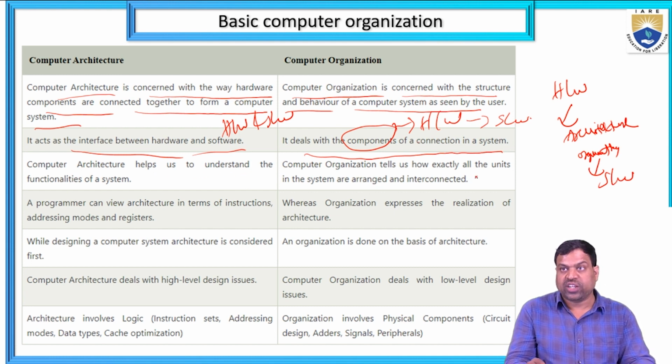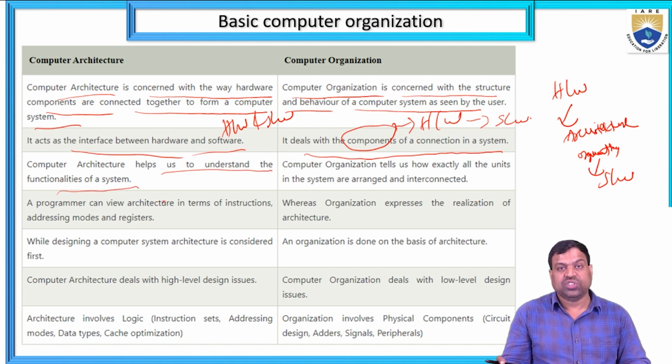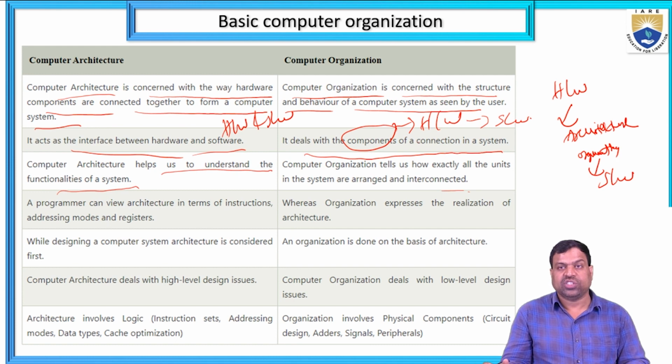Organization tells exactly how the units in the system are arranged and interconnected. Architecture means, in a computer system, what is the functionality. Organization means how exactly the units in the system are arranged or interconnected. The functionality is architecture, the interconnections are the organization.